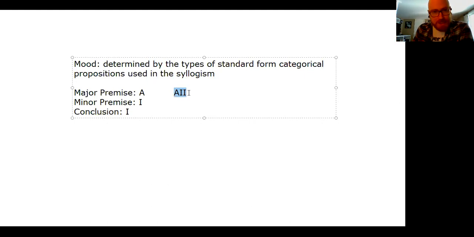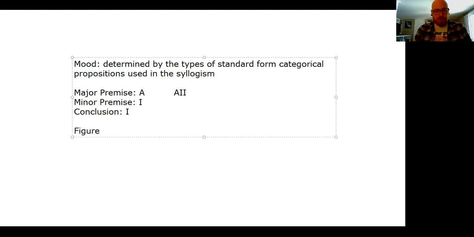If your syllogism is not in standard form, you're going to have the wrong idea about what the mood actually is. You could confuse the conclusion for one of the premises. You could confuse the major premise for the minor premise. Either way, having a syllogism in standard form just helps us to clarify things and keep things abundantly clear. Okay, so that's the mood.